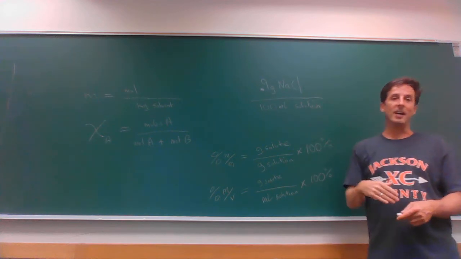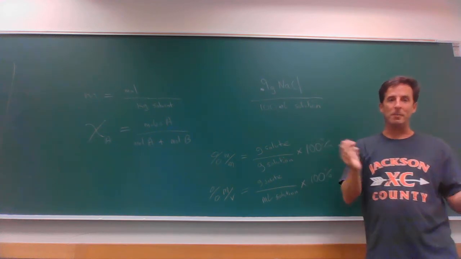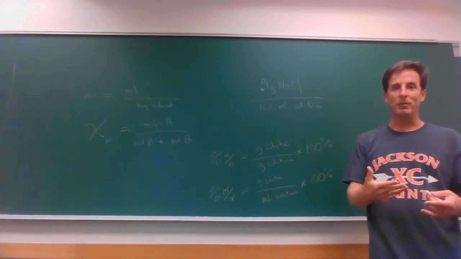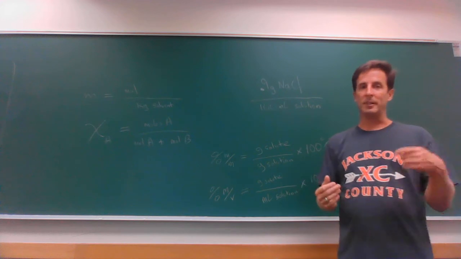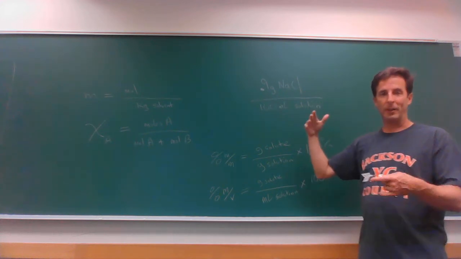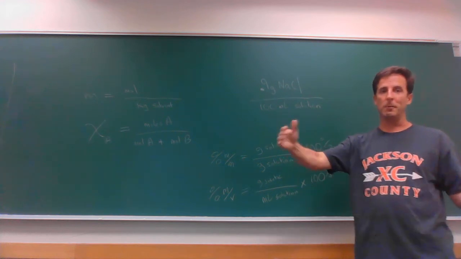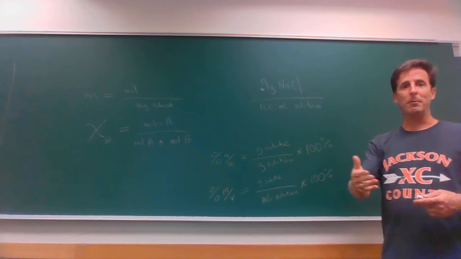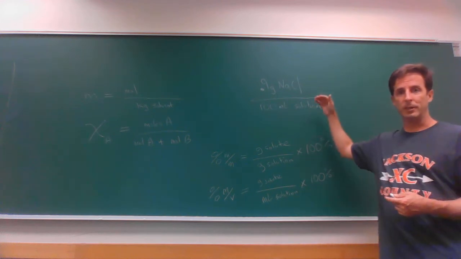Now, let's just say at a hospital, there's an emergency, they need lots of saline solution, and they have to make it themselves. Well, if they have some distilled water and some salt, they could use this concentration to calculate how much is needed for a larger volume. Let's say I need to make 500 milliliters of this solution.